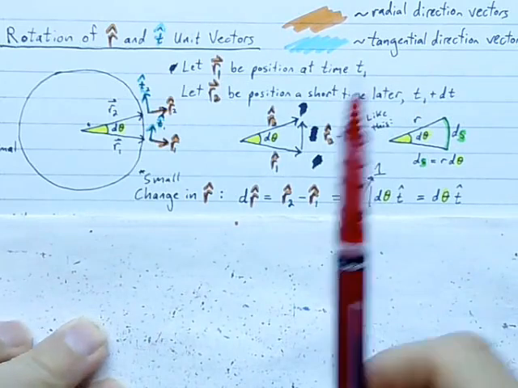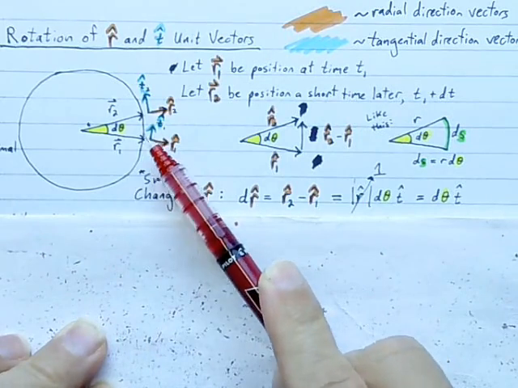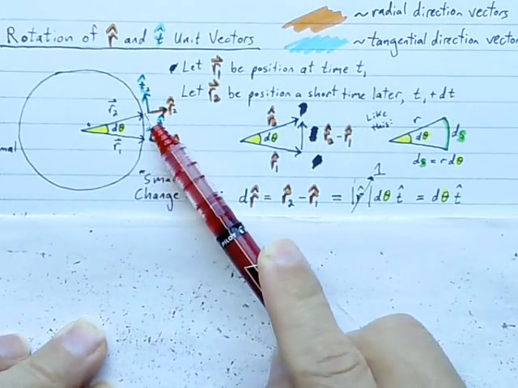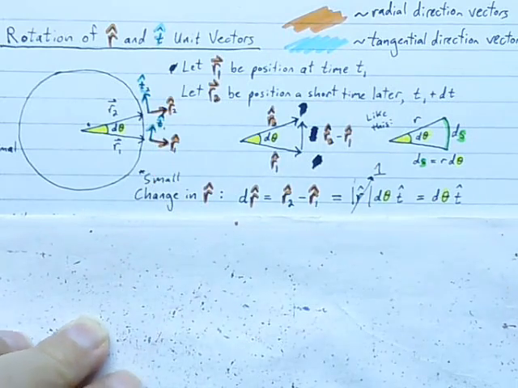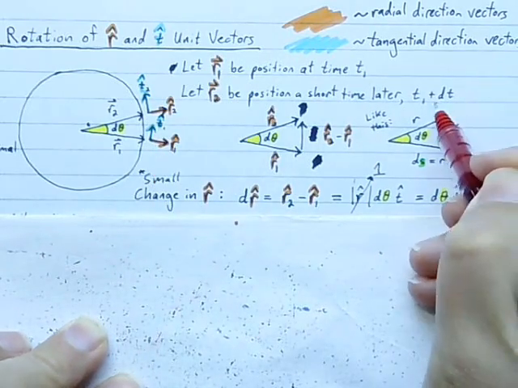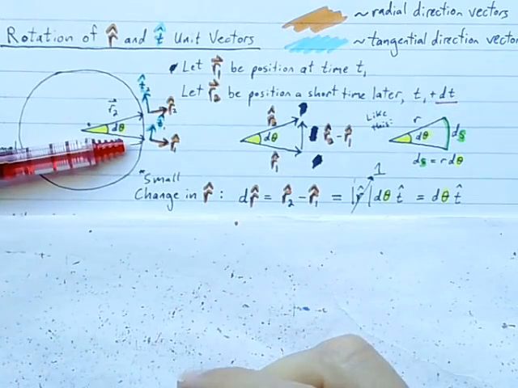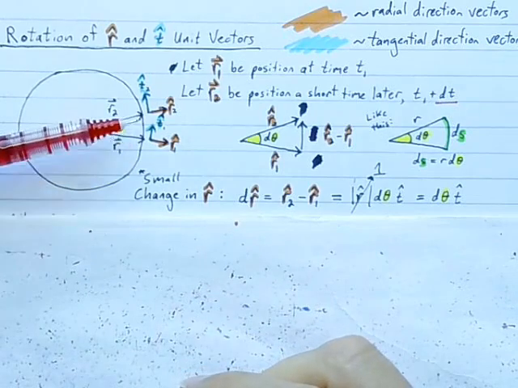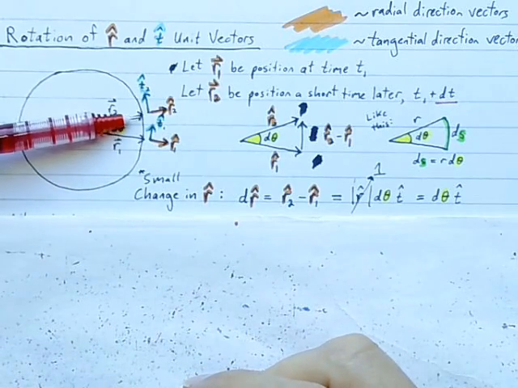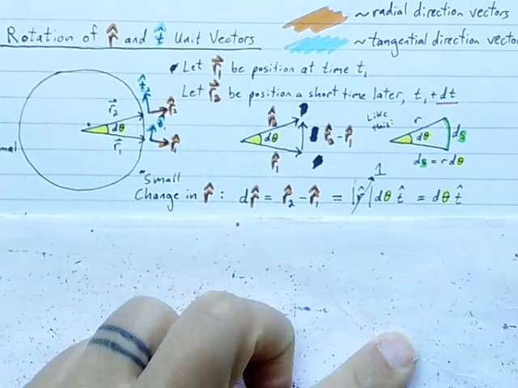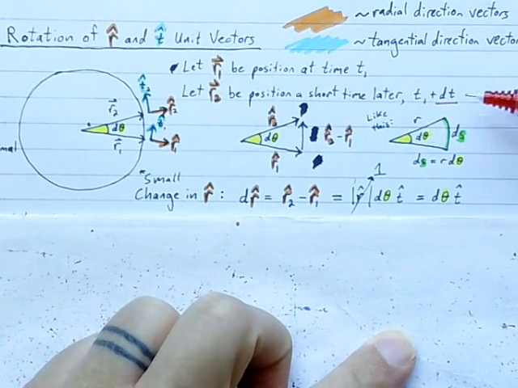So suppose we've got an object that moves from this position to that position over a short time interval, a very short time later. An infinitesimal amount of time elapses. So a little dt forward in time, and we go from here to here. So suppose that this arc length here is an infinitesimal little distance that we travel, a little ds, in fact, that we travel over some tiny time interval dt.